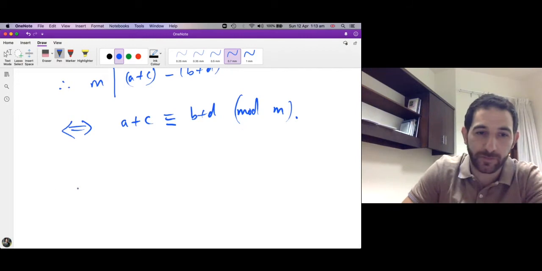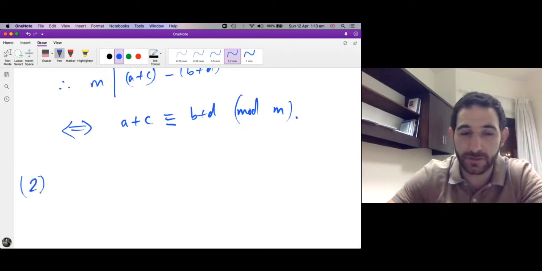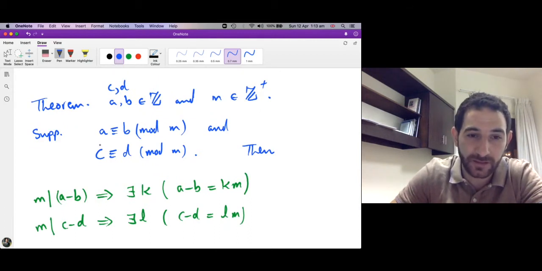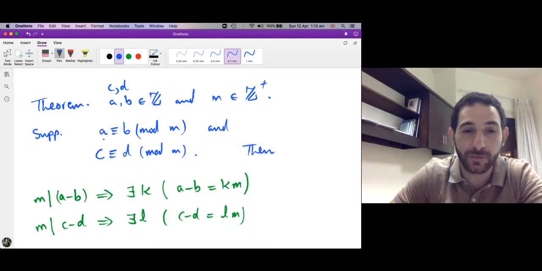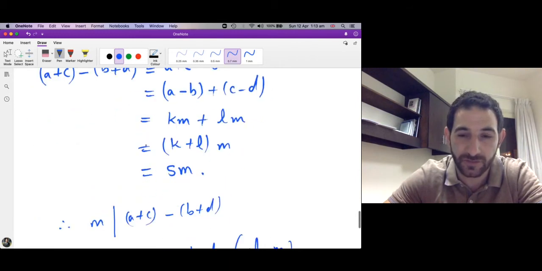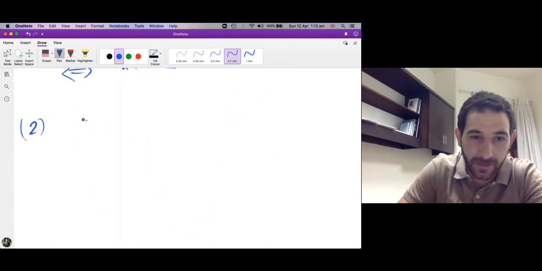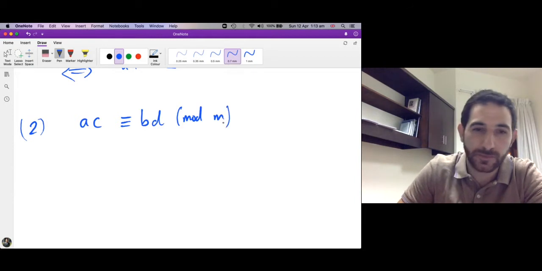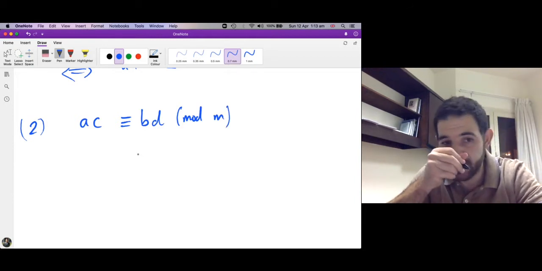Okay, the second property is that, look here, this is our hypothesis. Also, if we multiply the left-hand sides, then it will be congruent to the product of the right-hand sides of these two equations. So, which means then a times c is congruent to b times d modulo m. Okay, we need to prove this.